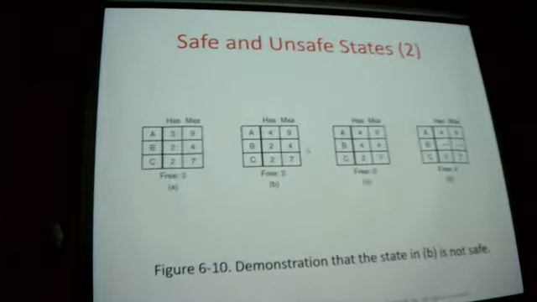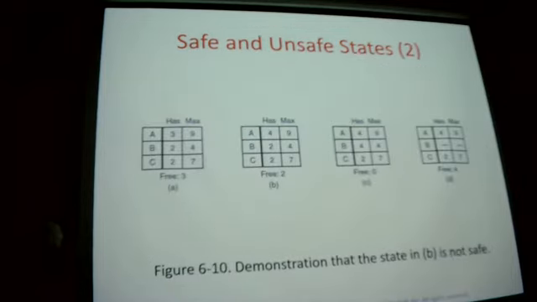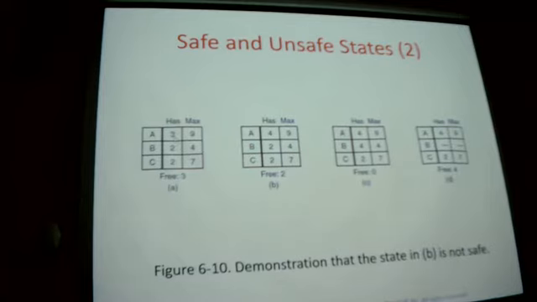But on the contrary, in this example, this table is the same. These two tables are the same as figure A, but in figure B, there are 3 free resources, and we allocate 1 to process A. Different strategies.